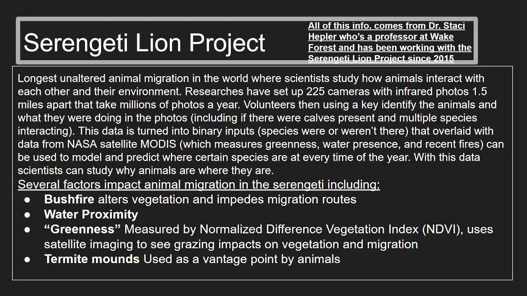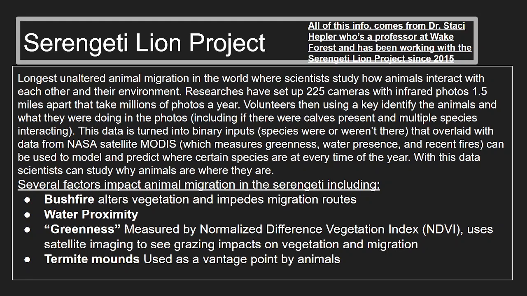Researchers have set up 225 cameras, mostly on trees, but some on posts 1.5 miles apart around the Serengeti, that take photos when there's a change in ambient temperature. These millions of photos a year are then cataloged by volunteers who see if there are multiple species interacting and what the species were doing in the photo.